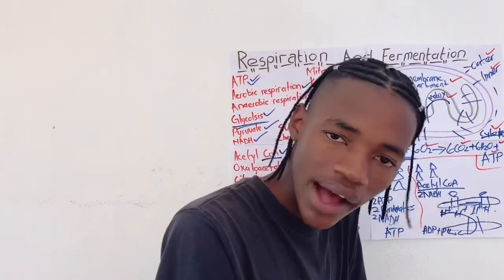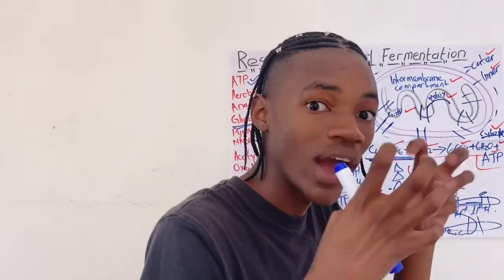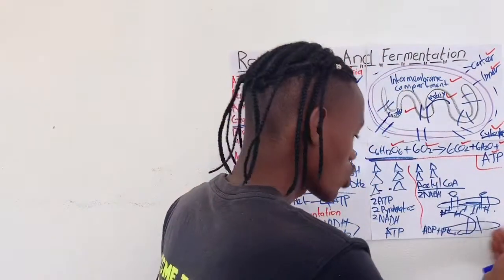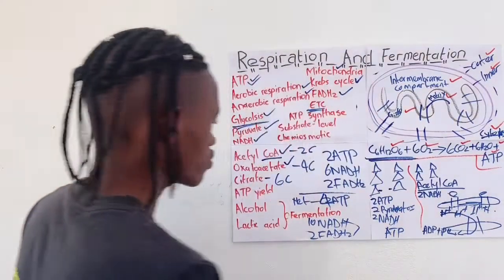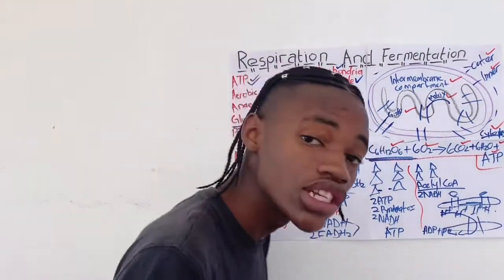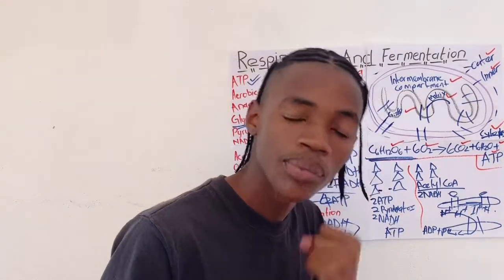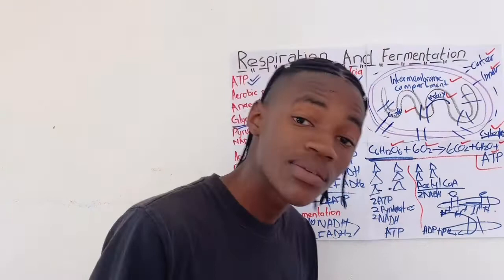And as they come out, ADP mixes with a phosphate, and then we get our ATP, and this is called chemiosmotic phosphorylation, whereby we are producing ATP through the help of the ATP synthase.